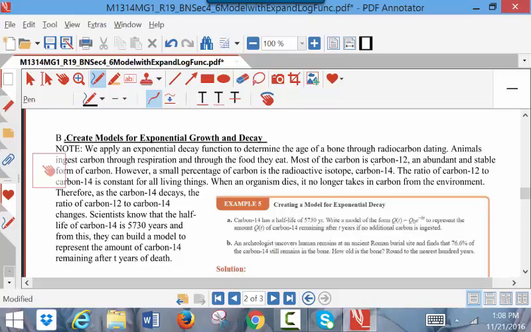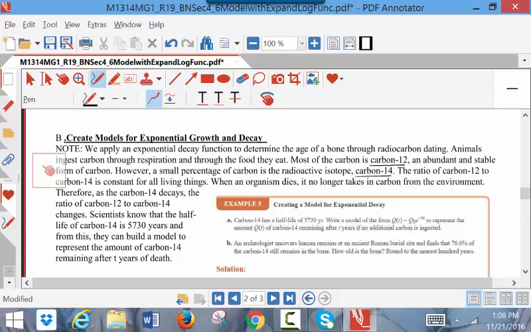Most of the carbon is carbon-12, an abundant and stable form of carbon. However, a small percentage of the carbon is an isotope, carbon-14. The ratio of carbon-14 to carbon-12 is constant for all living things.